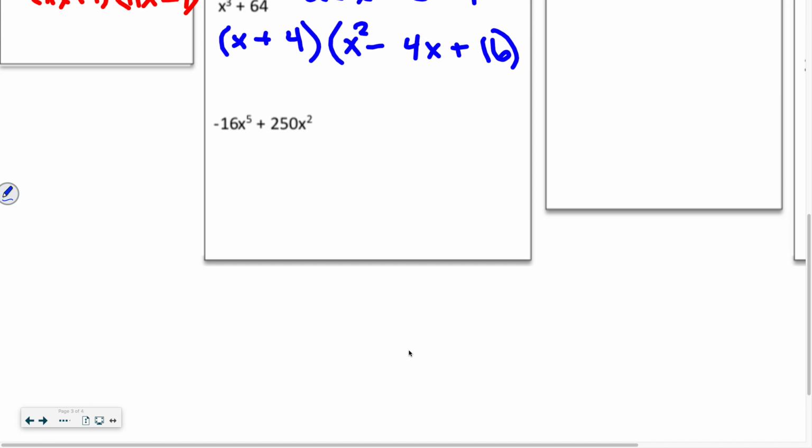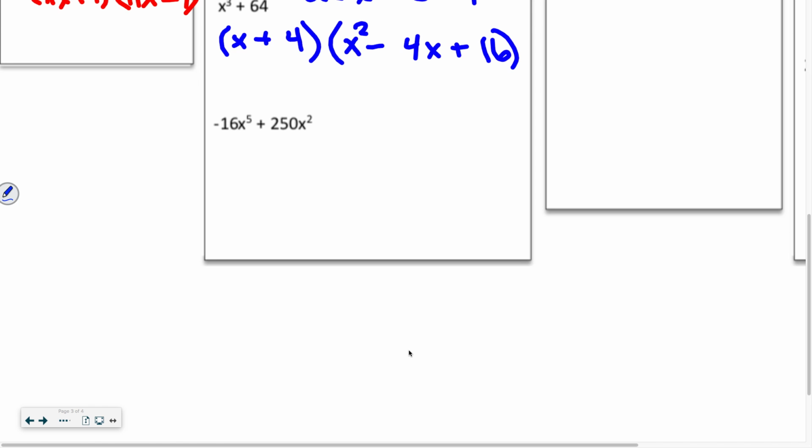That greatest common factor. So I noticed these are some bigger numbers. What can you take out of both of those things? You can take out an x squared, and someone also said 16 I don't think goes into 250. Ooh, 4 doesn't go into 250.